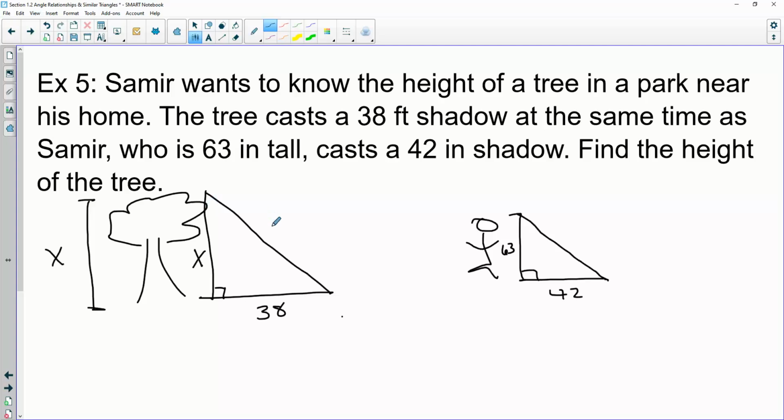So we know then we could set up a proportion since the triangles are similar because they were measured at the same time. So we could say x over 38 equals 63 over 42.